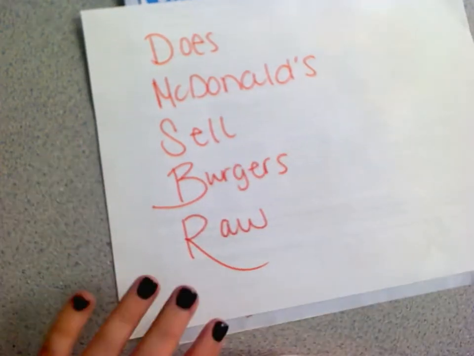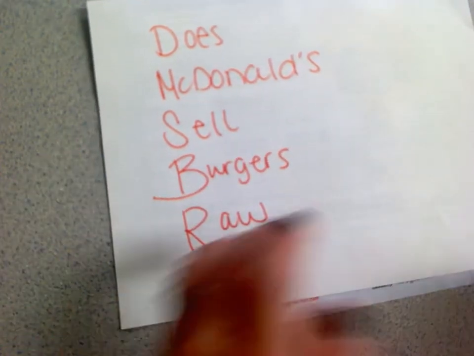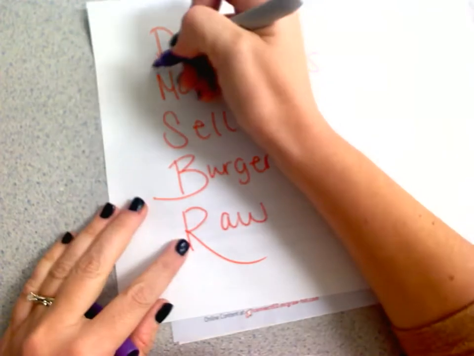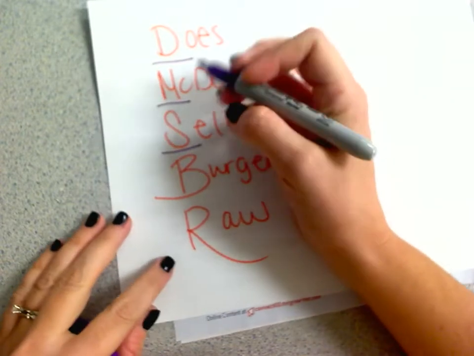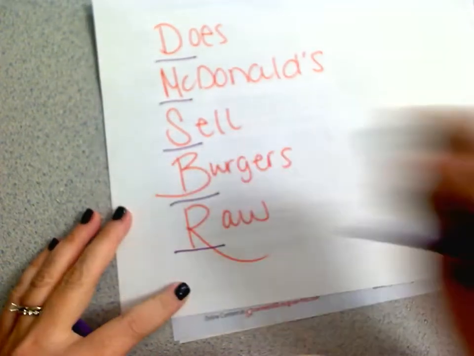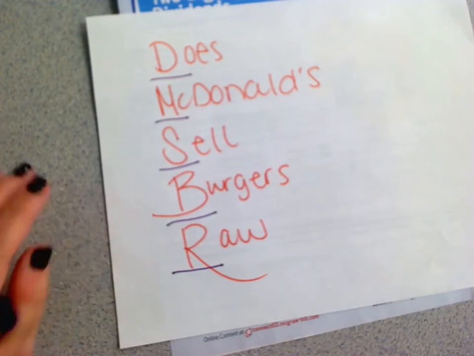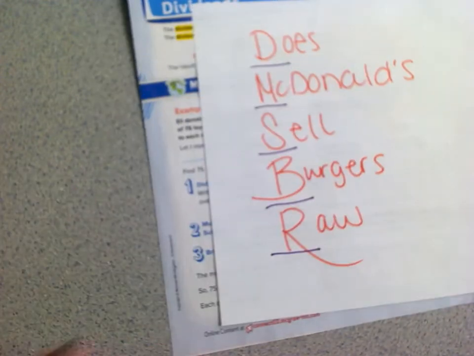Kind of gross, but you won't forget it, I promise. And what this acronym stands for is divide, multiply, subtract, bring down, and either repeat or bring up the remainder. So it's just helping us remember the process of division.